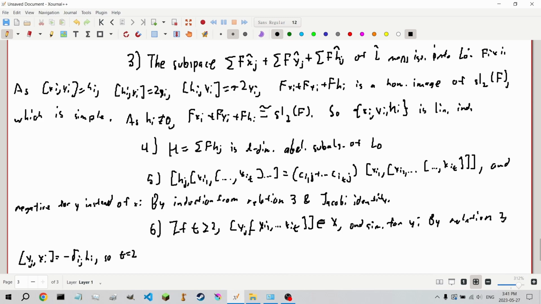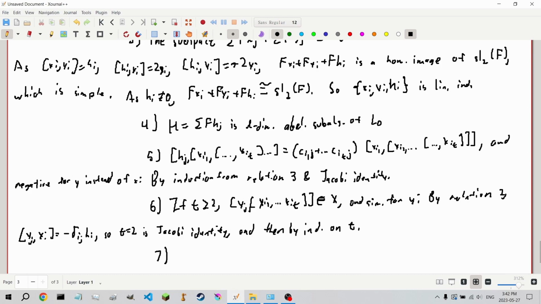So t equals 2 is the Jacobi identity, and then we go by induction on t.